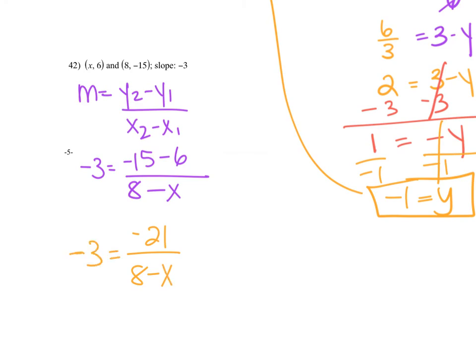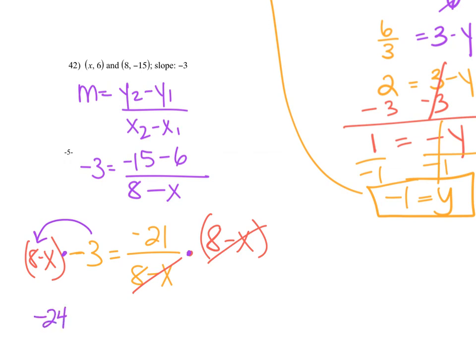Now you do have to multiply by the whole denominator. So 8 minus x cancels, and then I'm going to multiply this by 8 minus x. So now I have a negative 3 times that, because we multiplied. So negative 3 times 8 is a negative 24, and negative 3 times negative x is positive 3x equals negative 21.